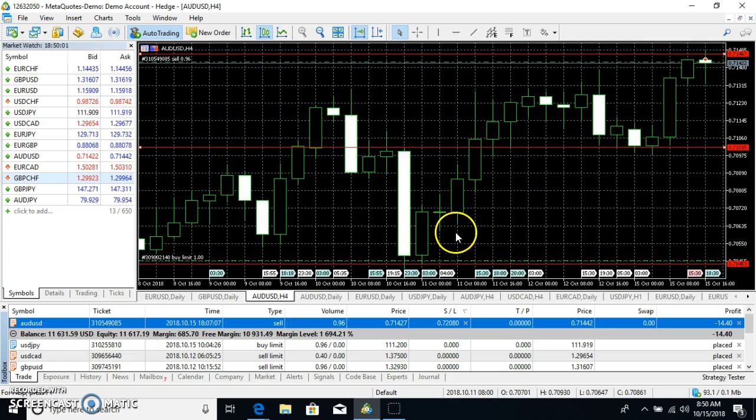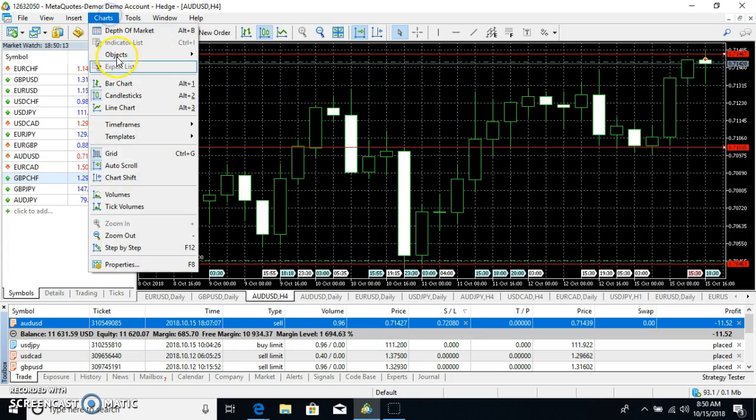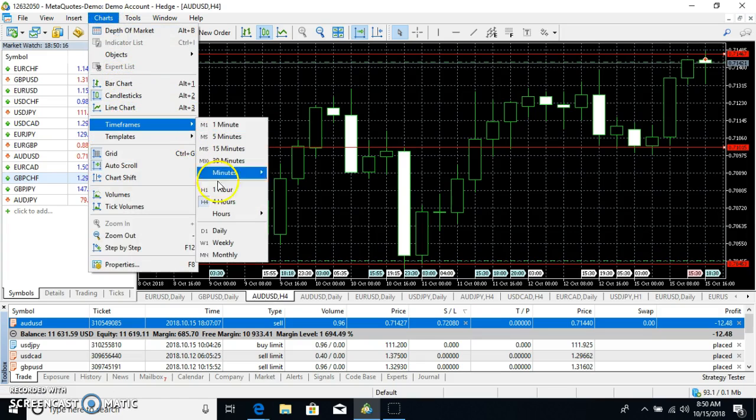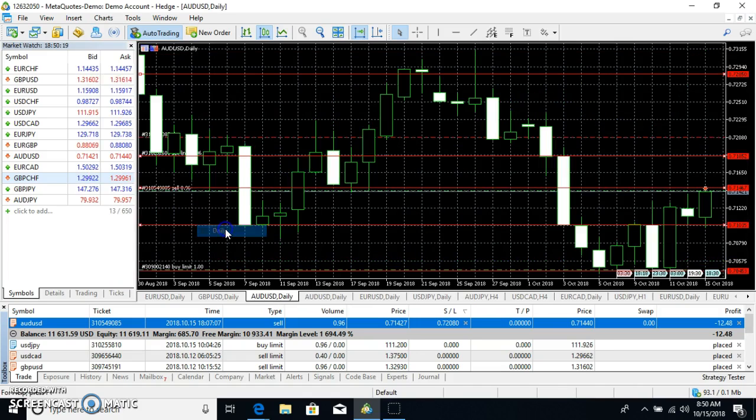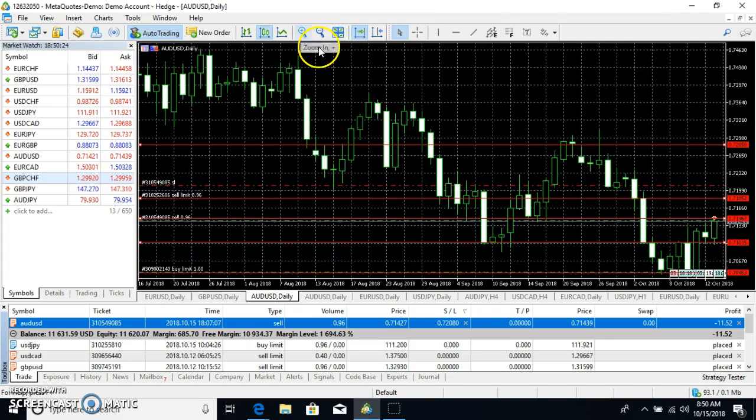Now, it's a very easy trade to make. And why? If I shrink it, especially on the day chart, you will see the downtrend. See the downtrend going down, retracted up, came back down.